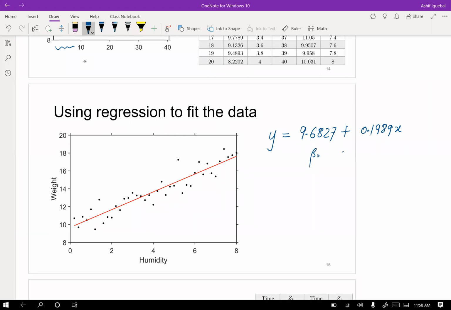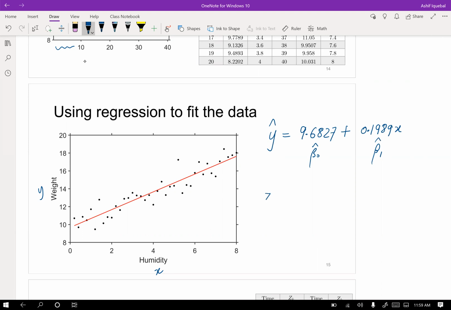This is your beta 0 and this is your beta 1. And you can see that it's a straight line that fits all of these observations. Y is your weight and X is your humidity. Now let's call this y hat, because we have used beta 0 hat and beta 1 hat.